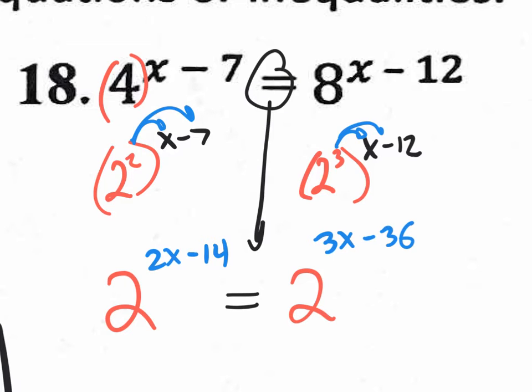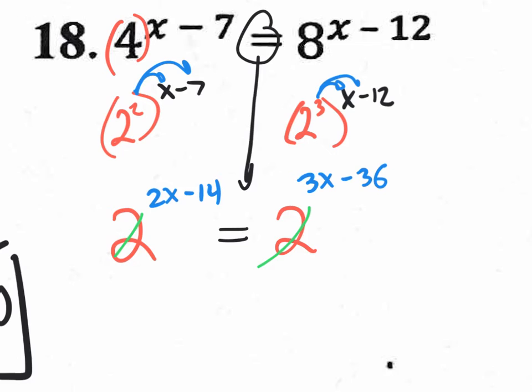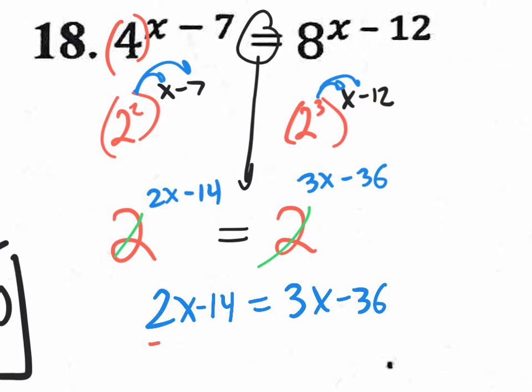And that's why we could actually eliminate the 2 and the 2 and get a nice problem that we could solve. 2x minus 14 equals 3x minus 36. So let's get that 2x over to the other side.